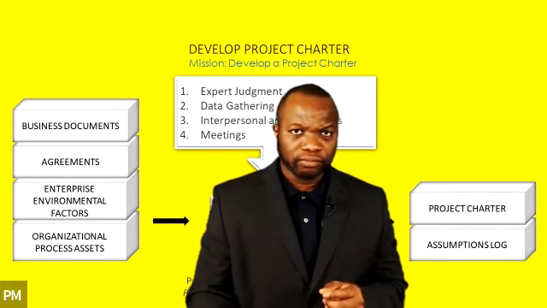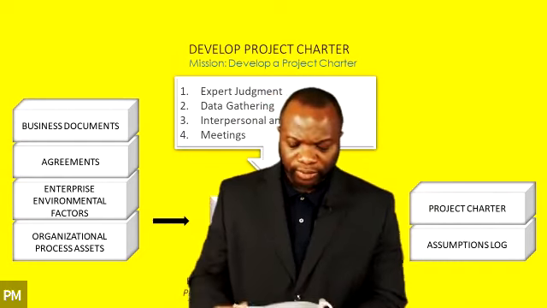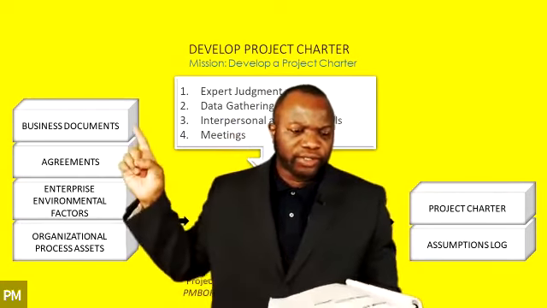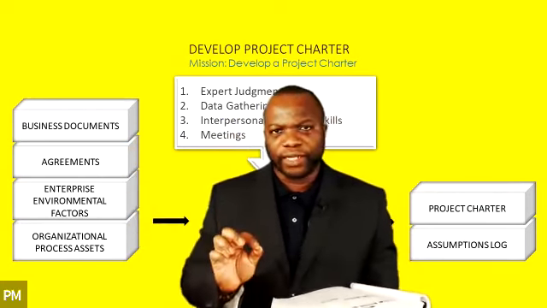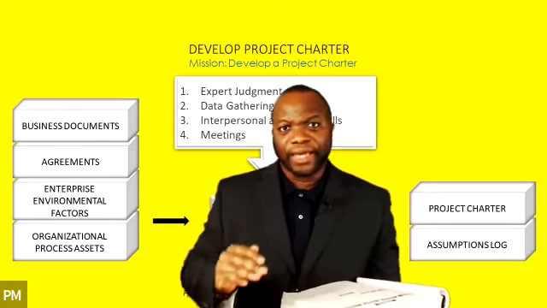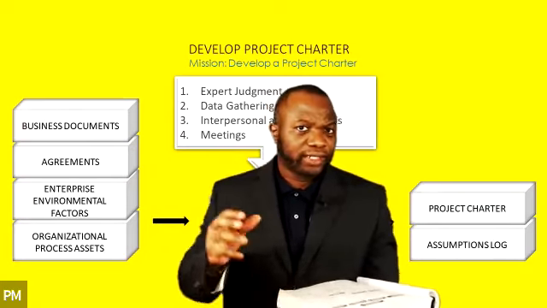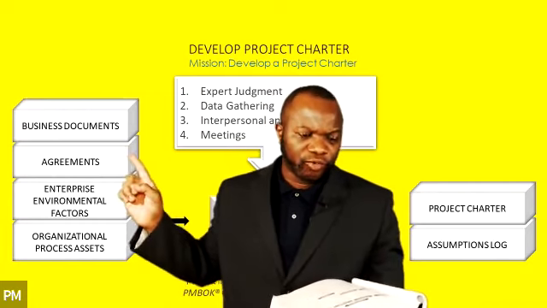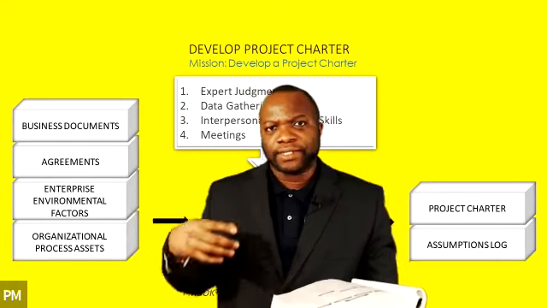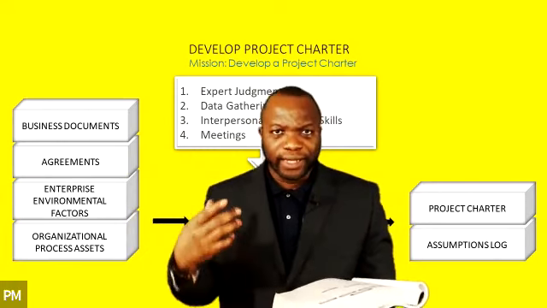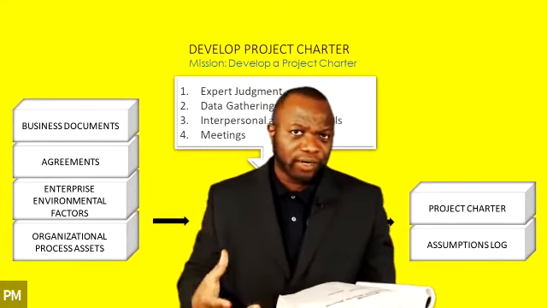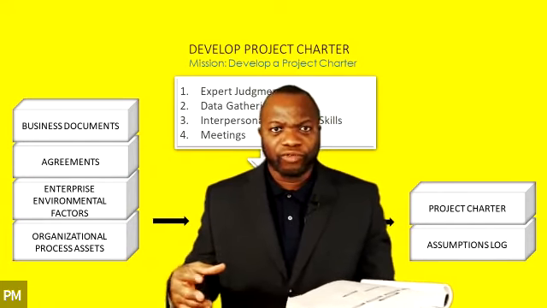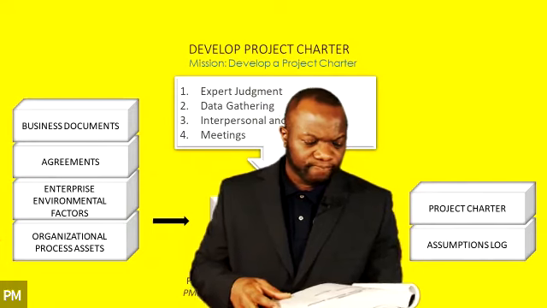Are you ready? So take a look at the inputs, those inputs over there. Okay. Business documents, this is specifically the business case that makes a case for the project, that tells you why the project is being authorized. Next one here, agreements. This is contracts, letters of intent, memorandums of understanding, and things such as that. Any form of agreement, even verbal agreements.